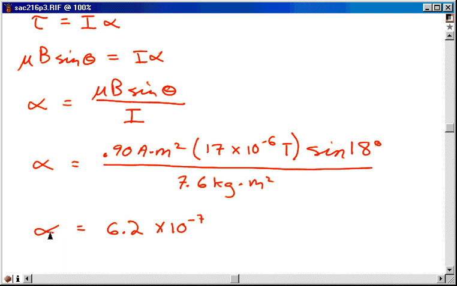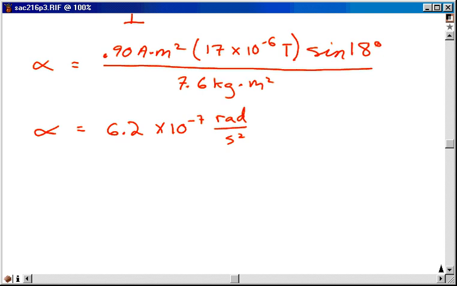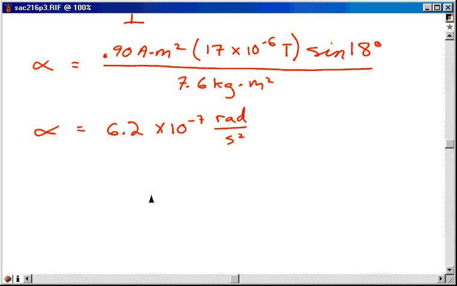And I'll go ahead and put down what alpha is supposed to come out in, and then we'll work out the units and make sure it really does. It should come out in radians per second squared. Let's see what we've actually got there. We got ampere meter squared times Tesla, where a Tesla is a Newton per amp meter.